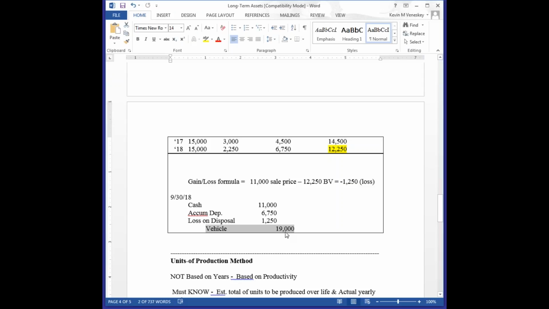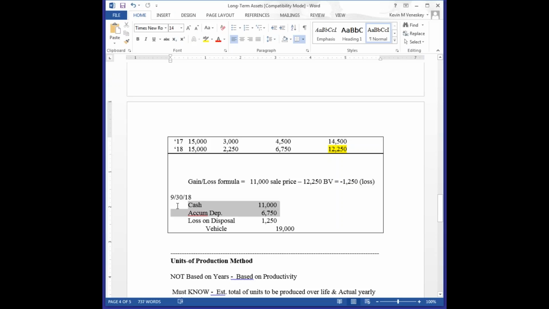And then remember, whatever happens to the vehicle, if you get rid of something like that, you also have to get rid of its contra. So because it's a contra account, it's going to be reversed. Typically, we would have credited if it was a normal type of account. But since it's a contra, it's backwards, so therefore we need to debit to get rid of that T account. And then at that point, we could go ahead and stick in our loss.